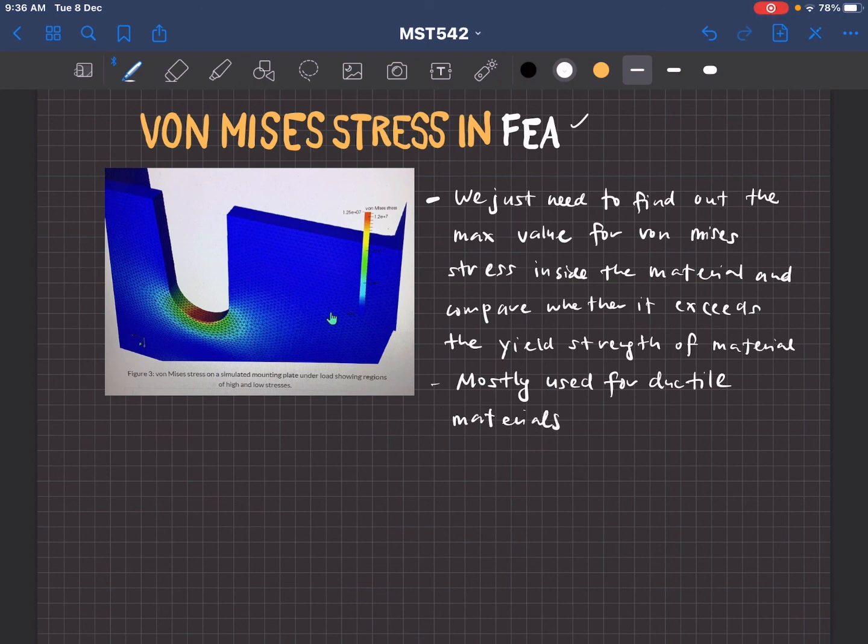As we can see in the figure here, the contour plot typically generated can show the distribution of the von Mises equivalent stress within the component. It allows us to identify the areas at risk of yielding.